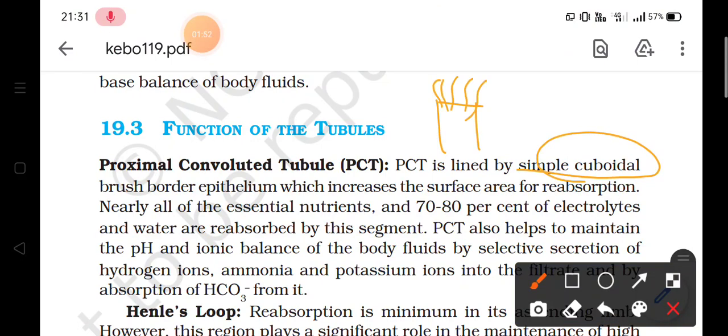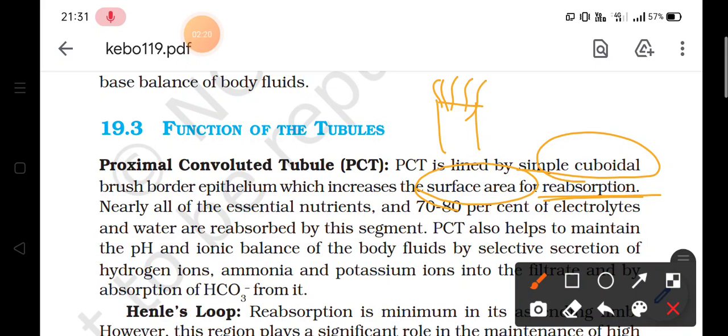The function of the brush border is to increase the surface area for reabsorption, because as the filtrate passes through these tubules, what is their main function? To reabsorb, and for reabsorption there is a need for more surface area, which is possible because of the presence of simple cuboidal brush border epithelial cells.